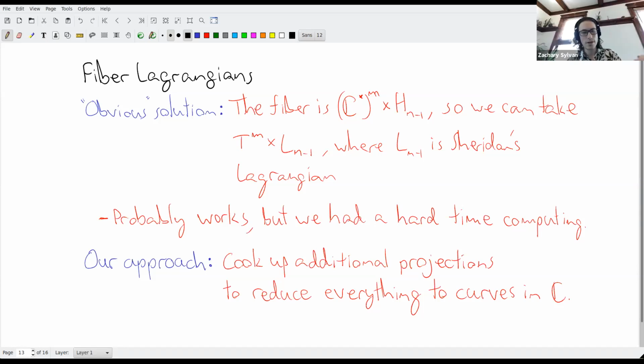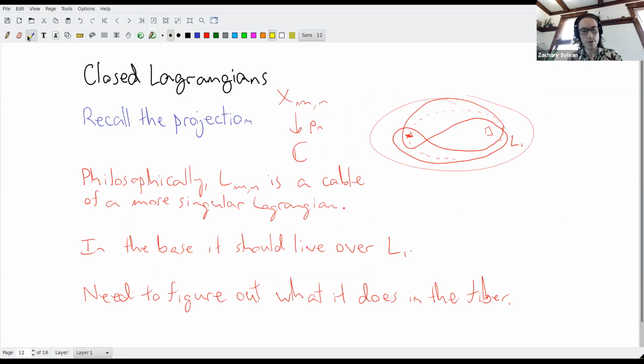So I'm going to skip the obvious solution. Basically, there's an obvious guess for what the fiber Lagrangian should be, but the Floer theory is complicated. Our alternative is that we cook up additional coordinates. So we have this standard projection, which I'm calling rho n.